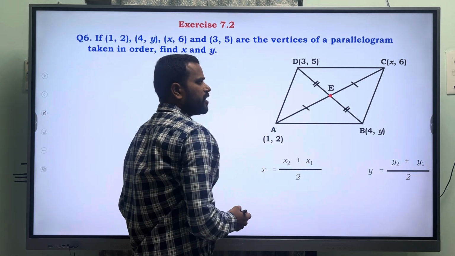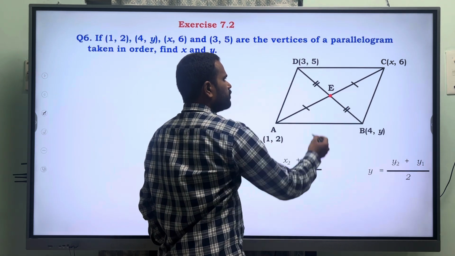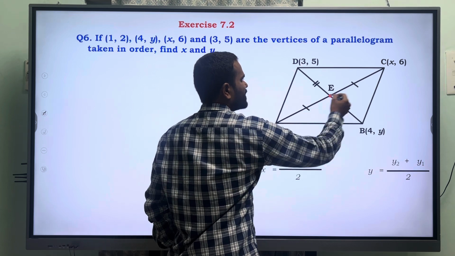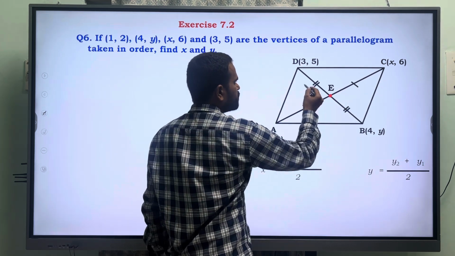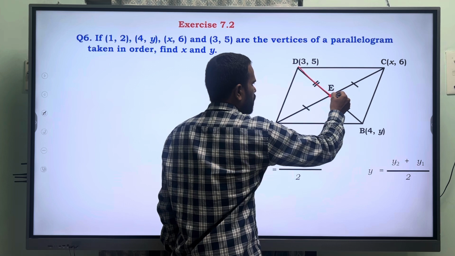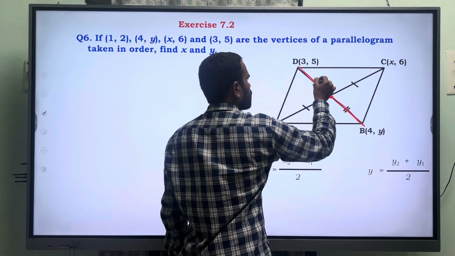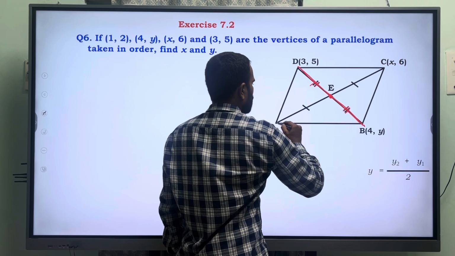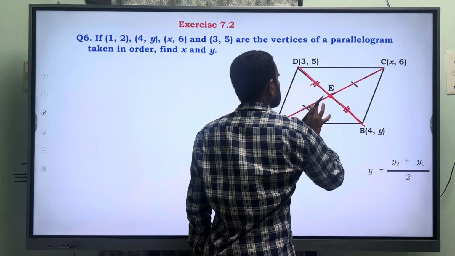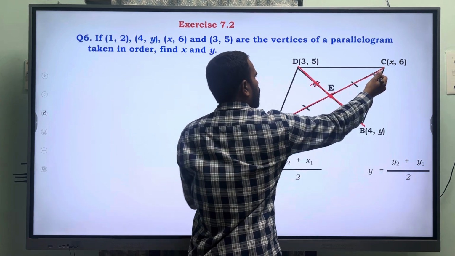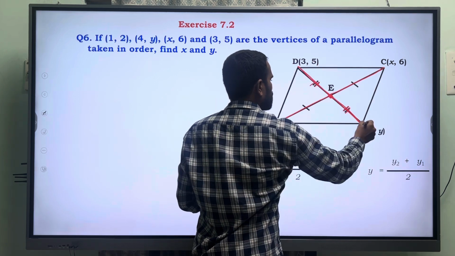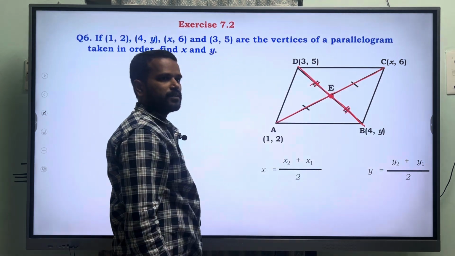E, right? In a parallelogram the diagonals bisect each other, means this part and this part, from here to here and from here to here, they are equal. That's what it means. From here to here and here to here, it is the midpoint. For this it is the midpoint, for this also this is the midpoint.